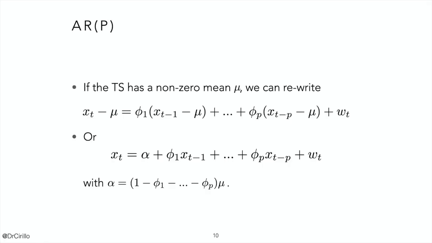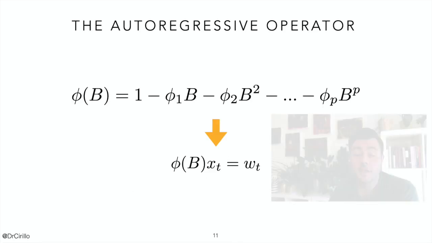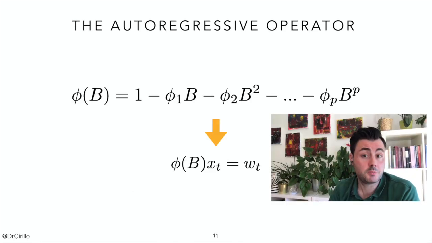Very important. If our time series xt has a non-zero mean, we can always rewrite everything by reparameterizing the time series. That means that essentially we introduce a constant term alpha, an intercept. Exploiting the B notation, the B operator, we can introduce phi of B to represent the quantity 1 minus phi 1 B minus phi 2 B squared minus and so on until we reach phi p B to the power of p.